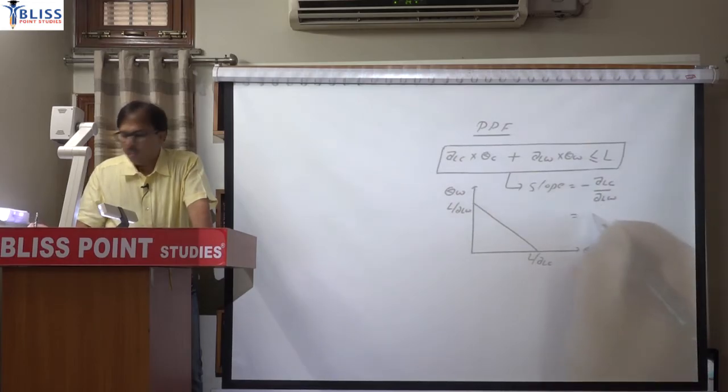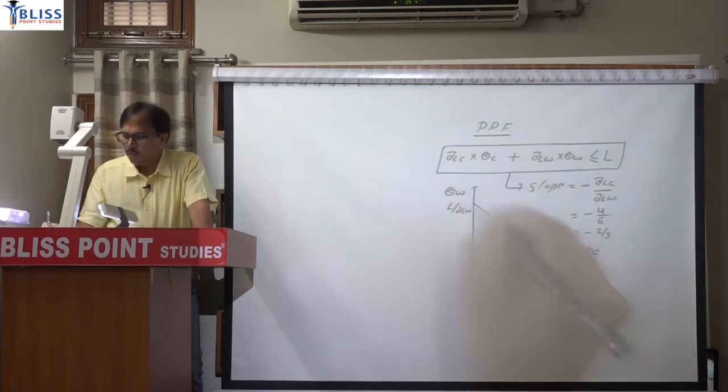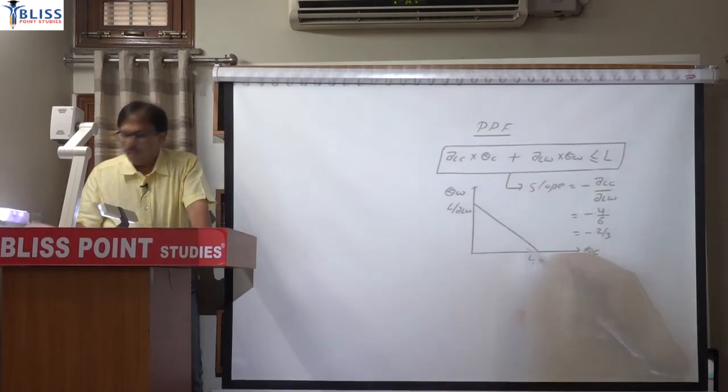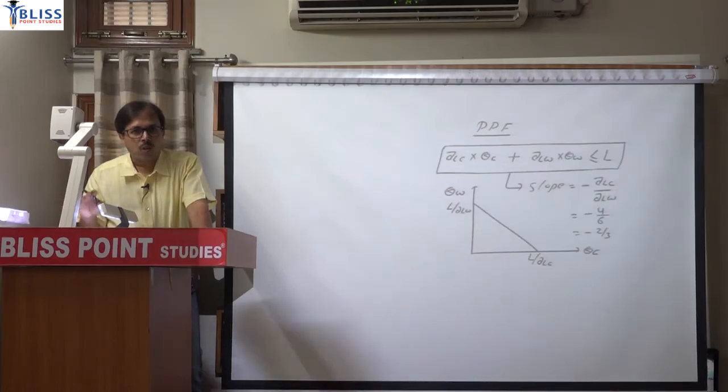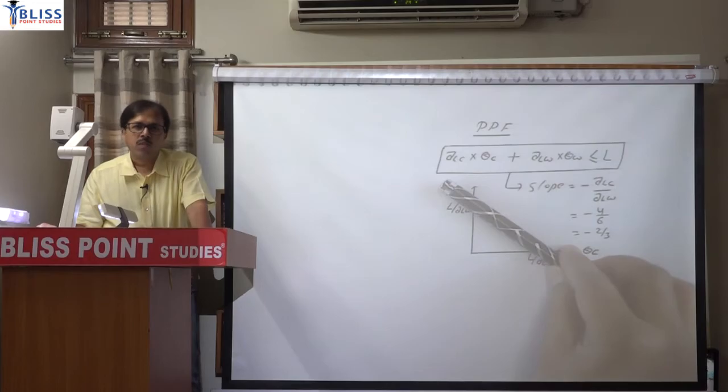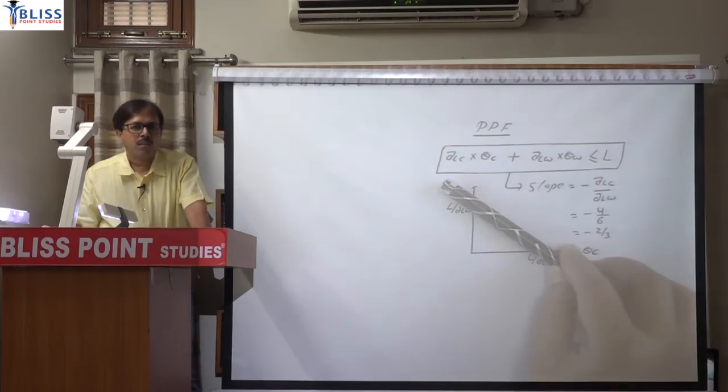In terms of numbers, ALC was 4, ALW was 6, so it is minus 2 by 3, minus because of the negative slope. So that 2 by 3 is basically the slope, but 2 and 3 are constant numbers, so the slope is constant. So if the slope is constant, the line must be a straight line. Okay, if the line is not straight then the slope should change at every point, but if the slope is constant, that means it will be a straight line. So in this model, it is a straight line.